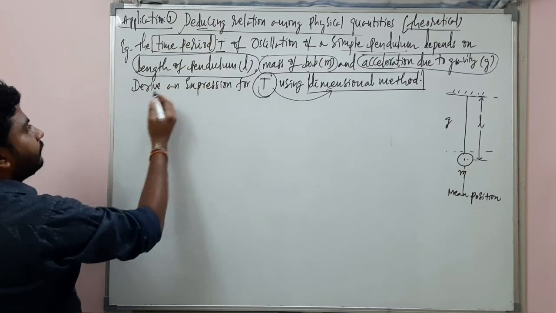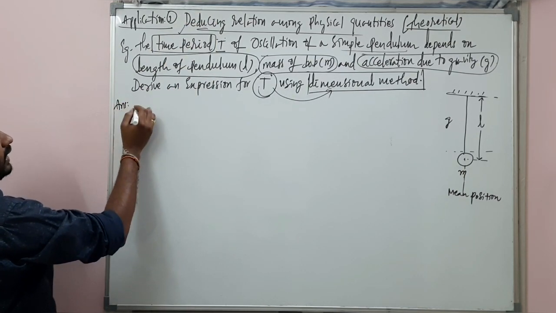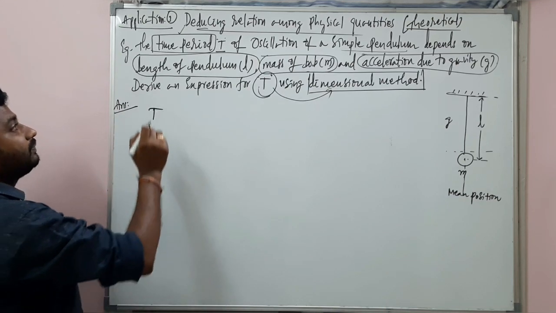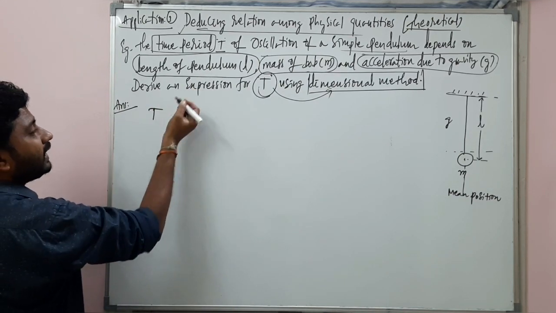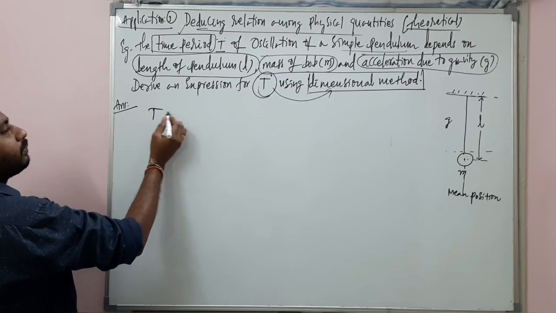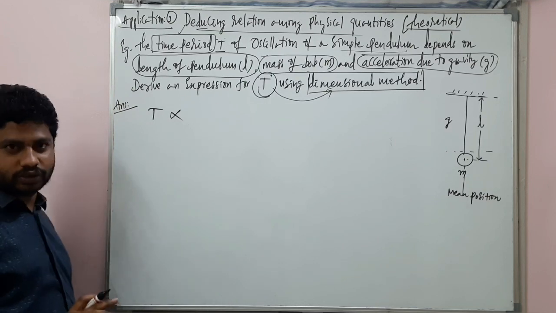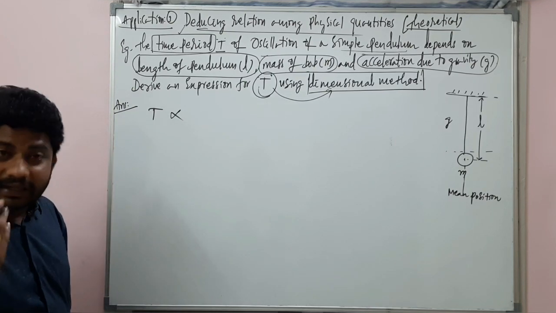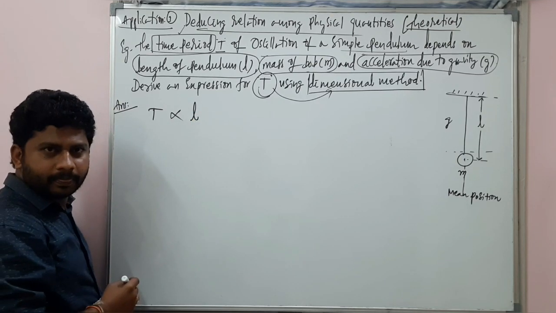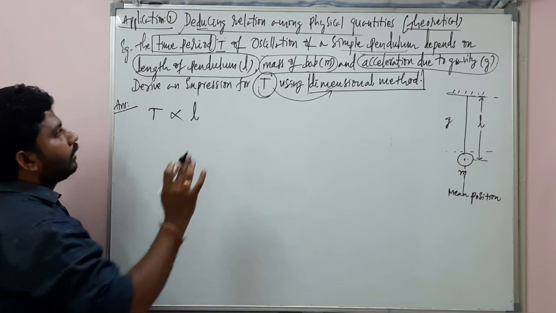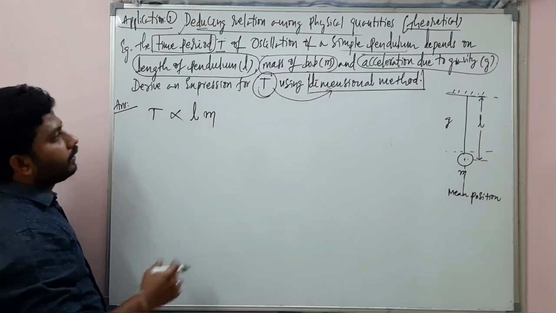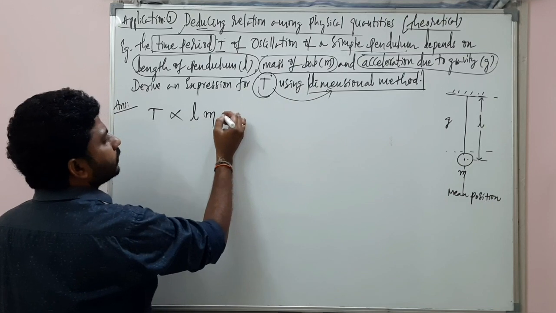The first step, how you have to do it and why you need to do it, I'll tell you. What is given? The answer will be like this. Given: the time period of a simple pendulum depends on, I'm simply considering it directly proportional to, the length of the pendulum, the mass of the bob, and the acceleration due to gravity.